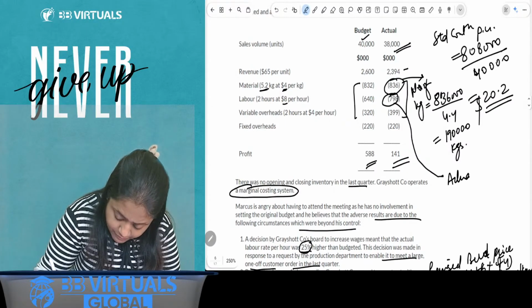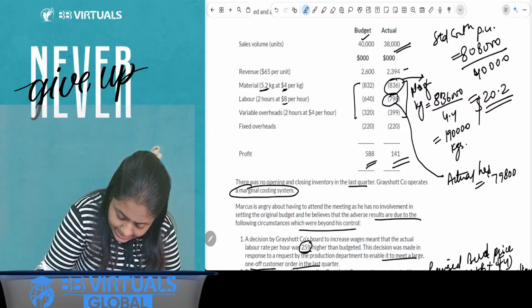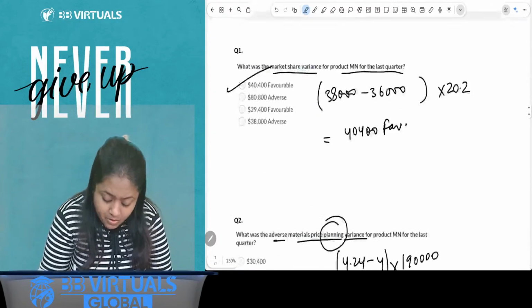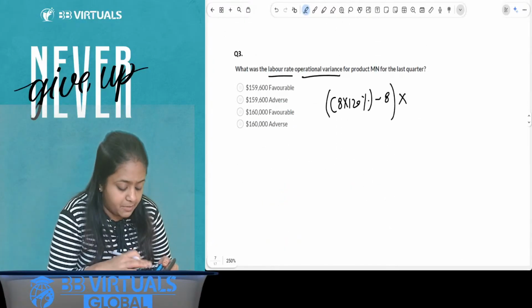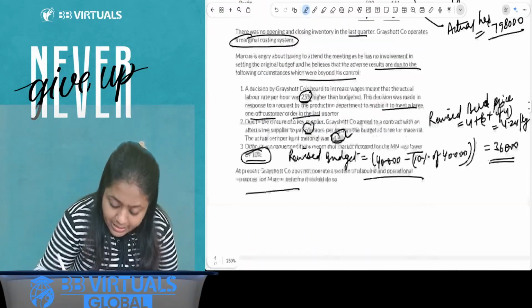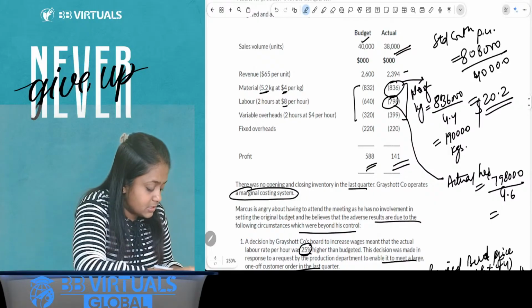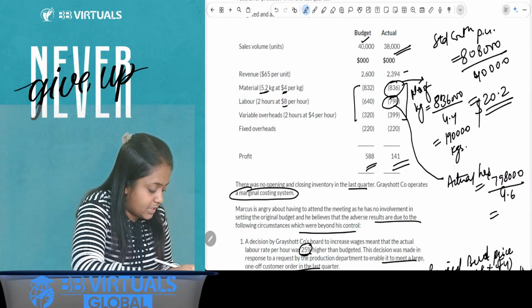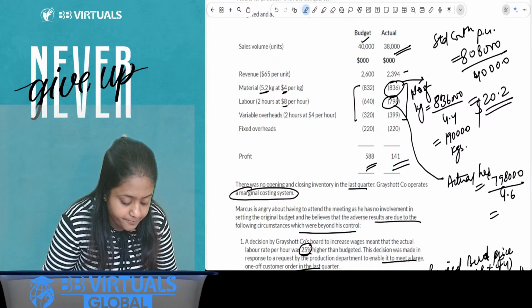Actual hours will be 798,000 divided by labor cost per hour. Labor cost per hour is 8 multiplied by 120%, which is 9.6. So you divide by 9.6 and you get 83,125.